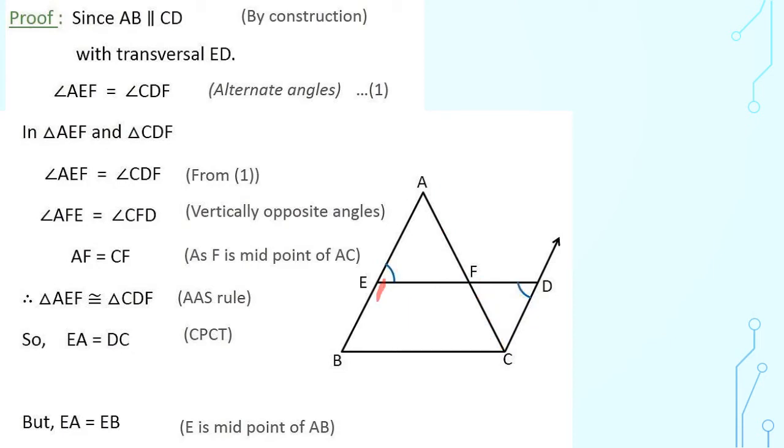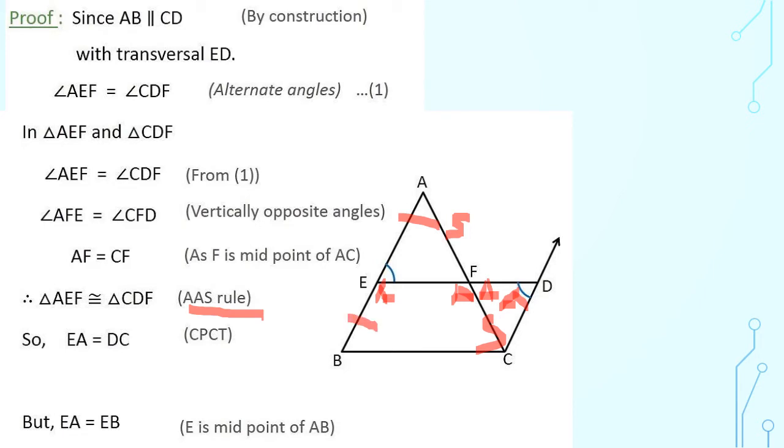Here, A and this A and this S. Similarly, here also you can see A, this A, and this S. So totally we are having the congruency rule AAS. Because of this, we will have CPCT. EA is equal to DC. This we got by CPCT.